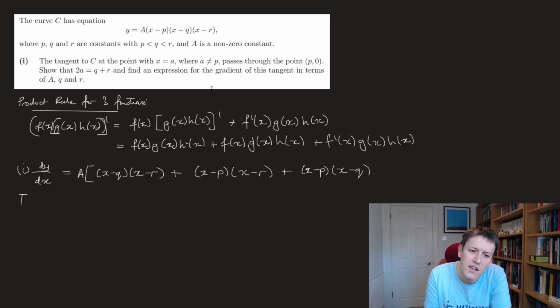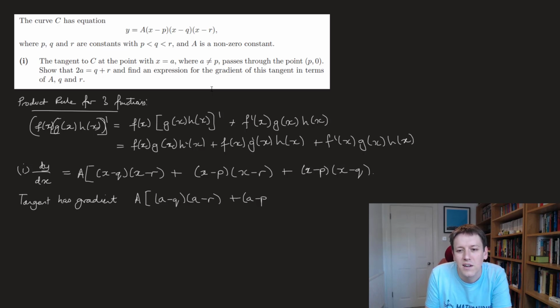Right, so again, we can say the tangent that we're looking for has this gradient then, again we're looking at the point x equals a, so it's going to have gradient a times a minus q times a minus r plus a minus p times a minus r plus a minus p times a minus q, right?